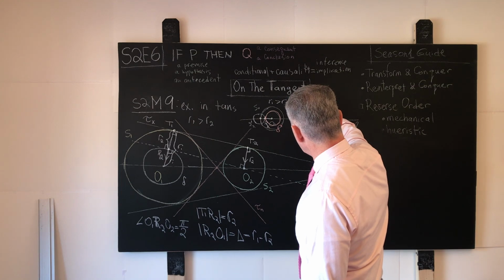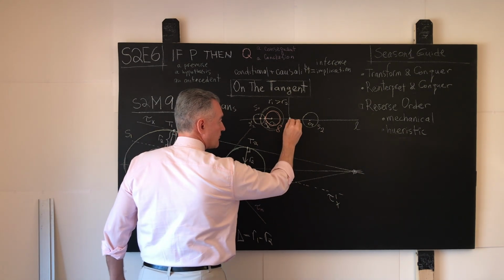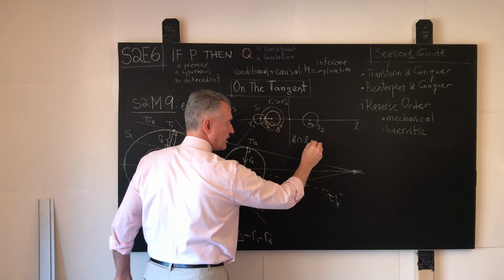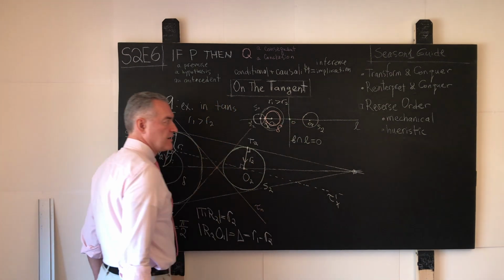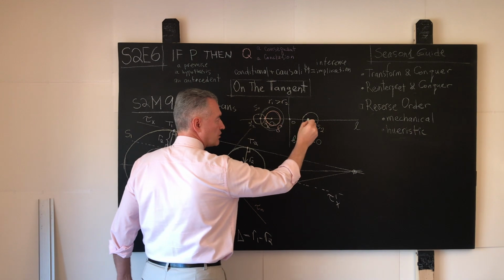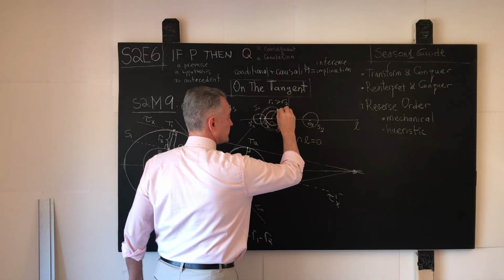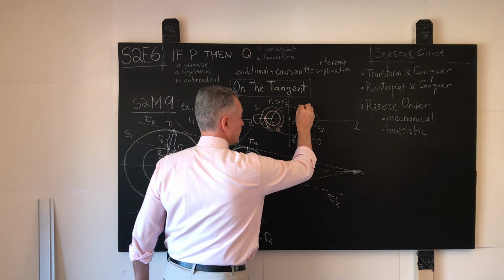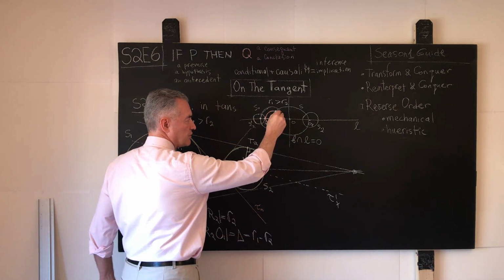We bisect that line segment with the bisector B, which will intersect the straight line L at the point, we'll call it O. Then we construct, on the line segment O1, O2 as a diameter, the helper circle S. That helper circle S will intersect our delta circle at 2 points.